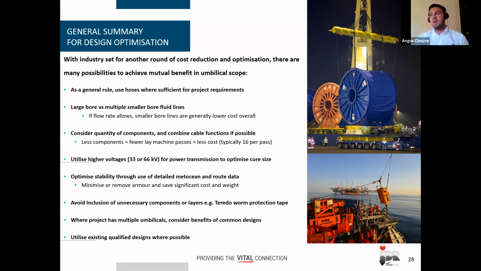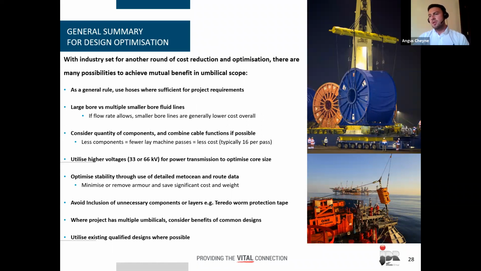And typically, a number to have in mind would be about 16 components per pass through a layout machine. As I mentioned on the medium and high voltage power cores, utilize higher voltages for power transmission wherever possible. And that means that you can optimize the core size and reduce your project costs.